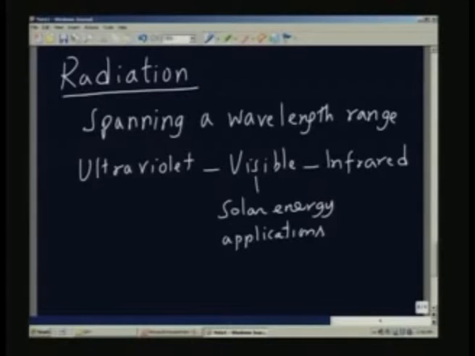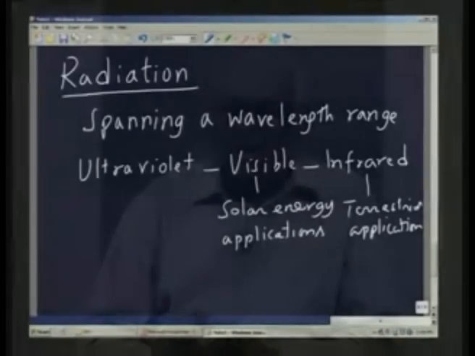Then of course, the infrared part is an important aspect, because in most terrestrial applications we have temperatures close to 300 Kelvin, which is the room temperature. In these terrestrial applications, the radiation involved is mostly in the infrared part of the spectrum.